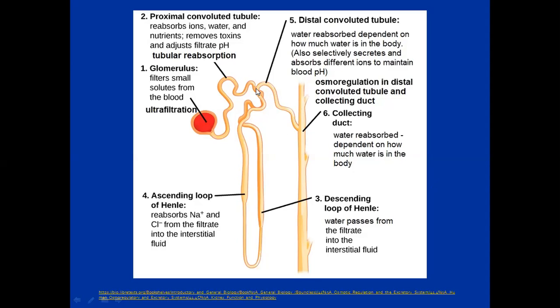If, however, that part of the brain senses that the blood is very concentrated, there's not very much water in it at all, then the body needs to conserve water, can't afford to lose that water in the urine. And so what happens is these walls become permeable to water, and water passes from the filtrate into the blood and is conserved in the body.